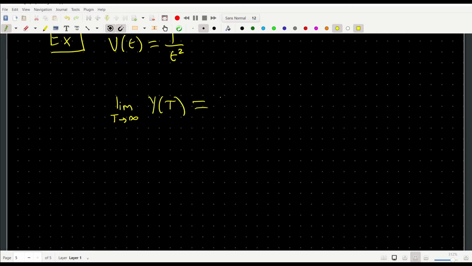So we showed that this is y of t naught plus the improper integral from t naught to infinity of v of t dt.